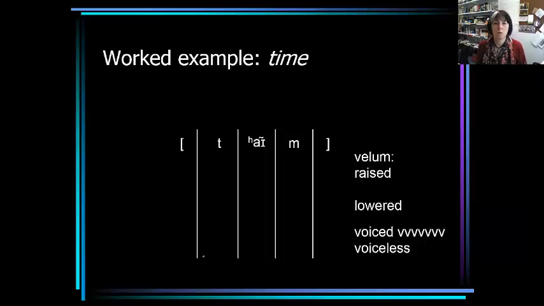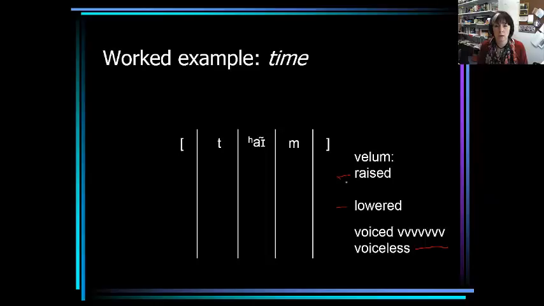Okay, now what we're looking at here is lots of information. So we're looking at whether the velum is raised or lowered, and then we're also looking at what's going on with the voicing. So voiceless should be a single line there. The word we've got here is time. So to give an allophonic or a basic narrow phonetic transcription of this, I've got my plosive sound here, then I've got my aspiration, I've got my vowel sound here, and because of the following nasal consonant, it is nasalized.